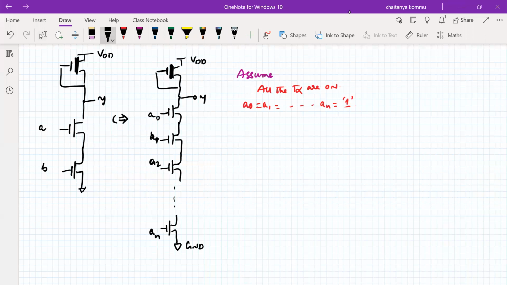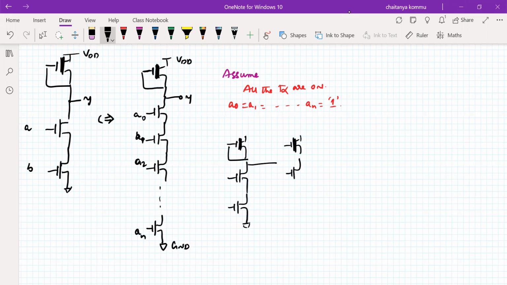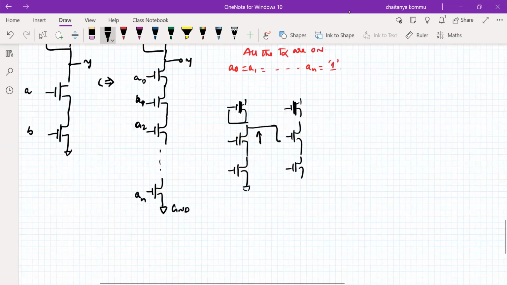Let us consider a simple scenario. If this NAND gate wants to drive another NAND gate as one input to the other one, then the output is very essential for us. Whatever output is generated at the first gate is essential.